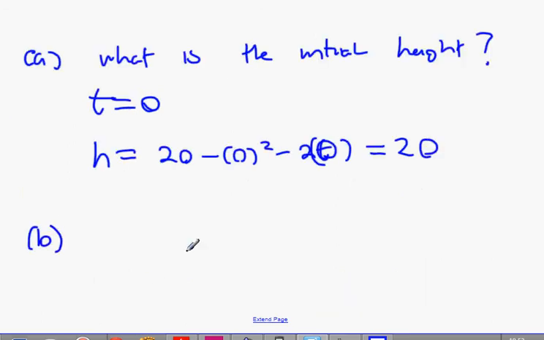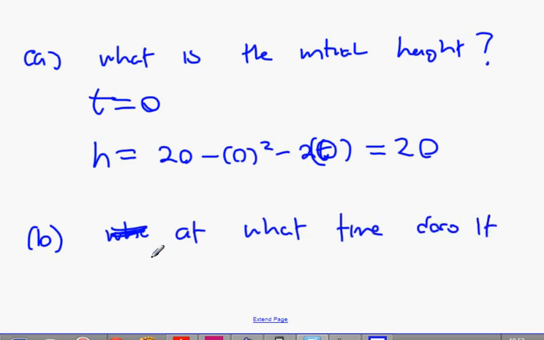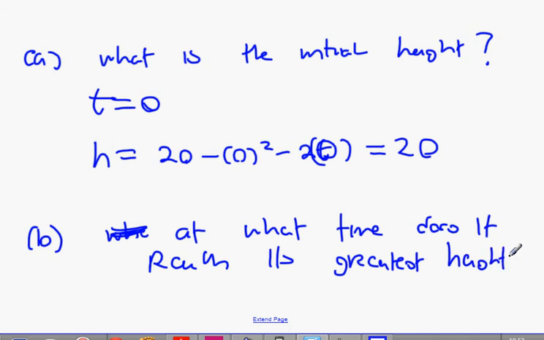Another question they could ask you is this. At what time does it reach its greatest height? Greatest height, guys, is basically when the speed is 0.